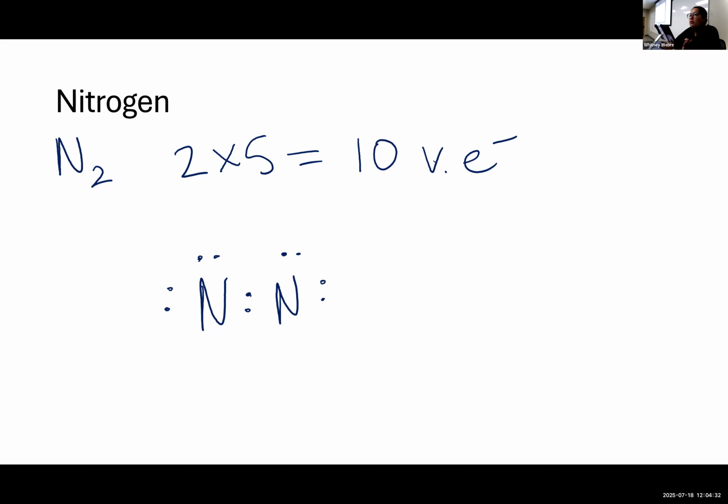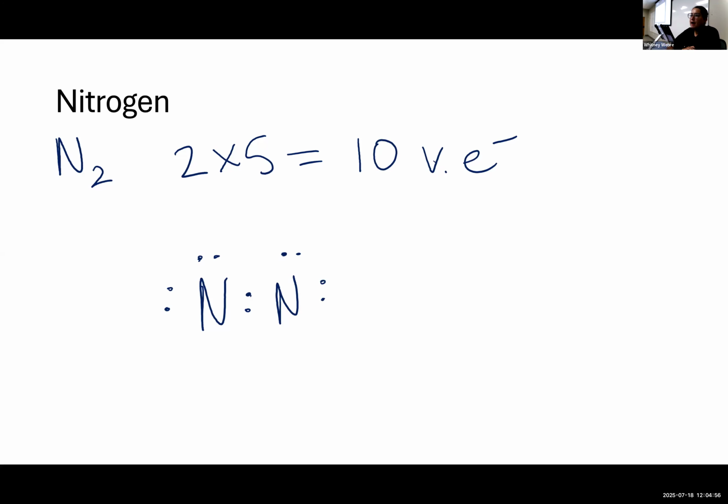I'm tempted to finish the octet and add until there's enough electrons to go completely around them so each of them has 8. But unfortunately, it does not say I have 14 valence electrons. It says I have only 10. And so I cannot include 14 just because I want them to have a full octet.